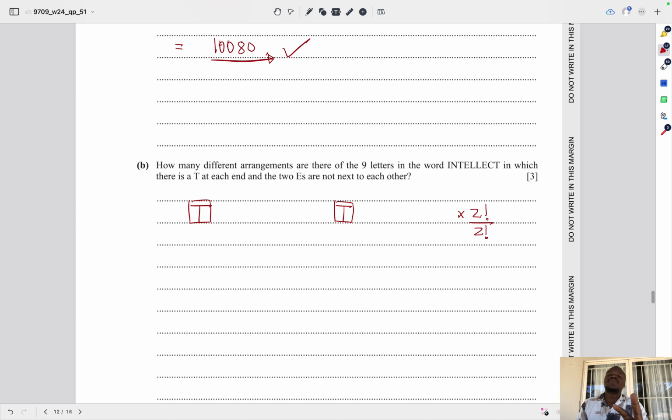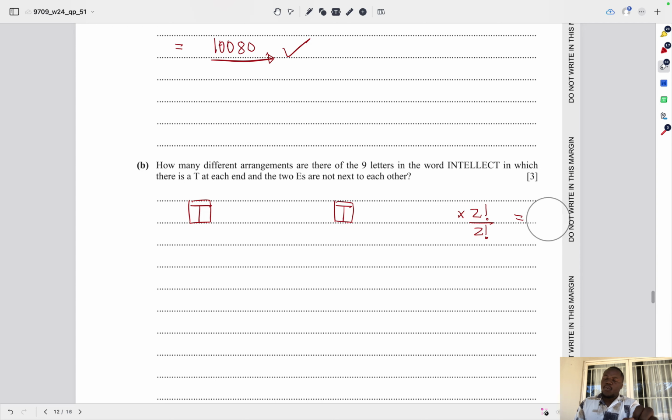So there is 2 factorial ways in which these T's can swap amongst themselves. This T can be there, that T can be there. But again, because they are repeating, we are going to divide by 2 factorial ways for repeating T's. So this will basically just give us 1. That's why in most books they don't show that. But I love showing it because it helps for conceptual understanding. So take that into consideration.